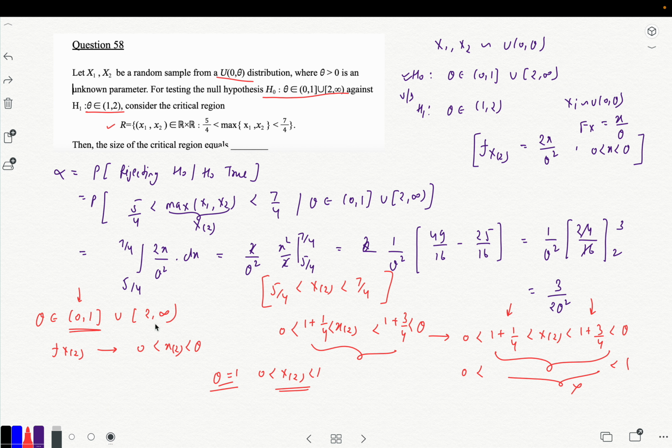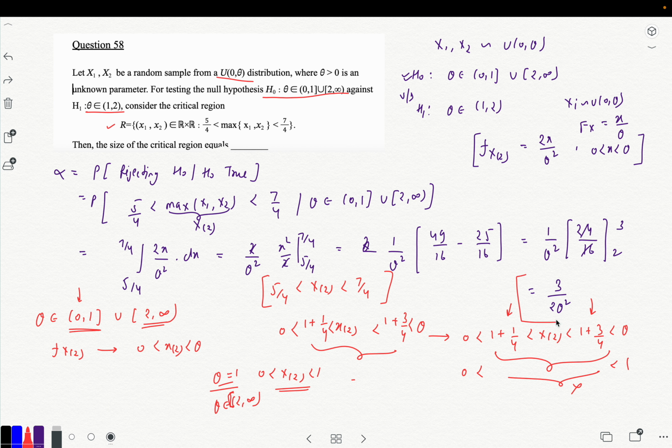So now what are we doing? Let's talk about theta in [2, ∞). There is a closed interval on 2 also. Here the probability is 3 upon 2 theta square.